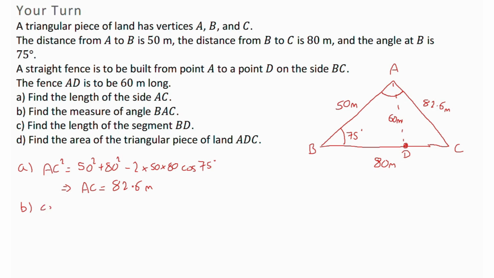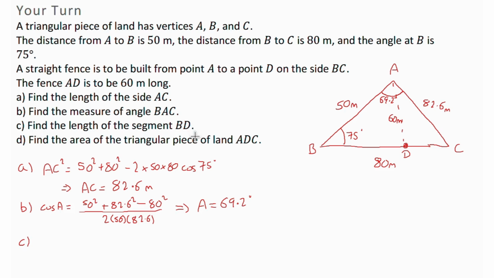The cosine rule tells us that cos of the angle A is equal to 50 squared plus 82.6 squared minus 80 squared, over 2 times 50 times 82.6. Putting that into our calculator and doing cos inverse, we get that the angle A is equal to 69.2 degrees. This angle here is 69.2 degrees.